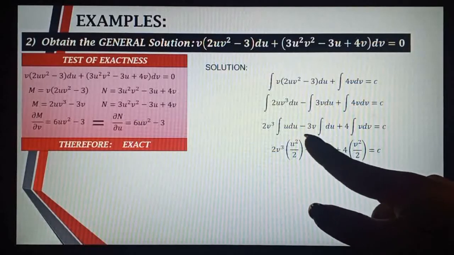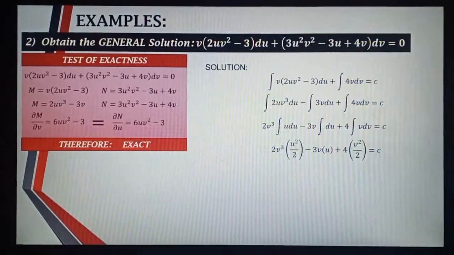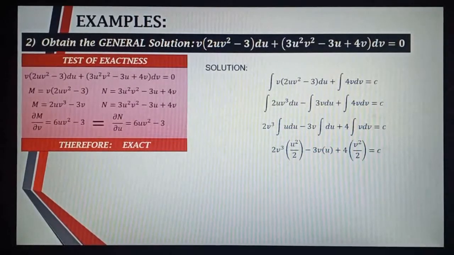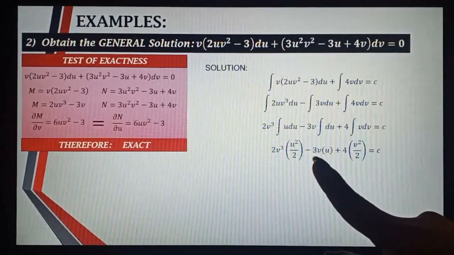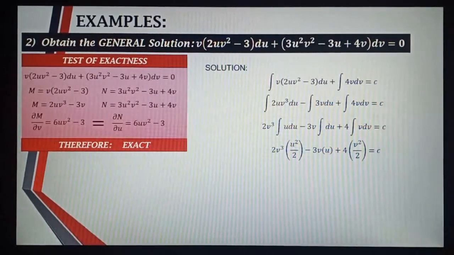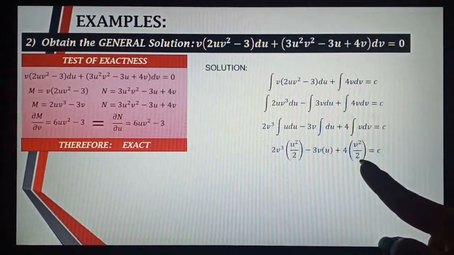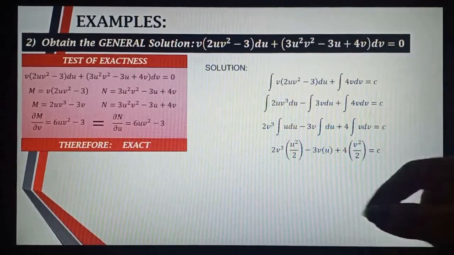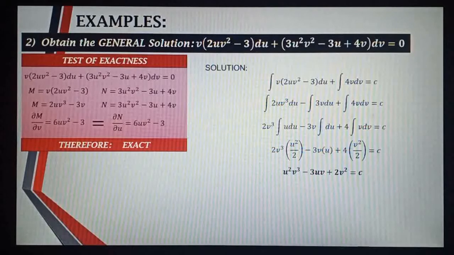U du is u squared over 2 multiplied to 2v cubed. Then for the second term, the integral of du is u multiplied to negative 3v. Then for the third term, the integral of v dv is v squared over 2 multiplied to 4 equated to c. Now all we have to do is to simplify the equation.